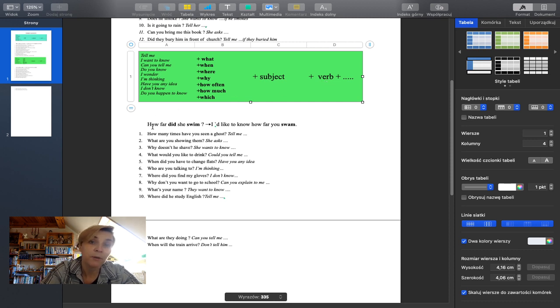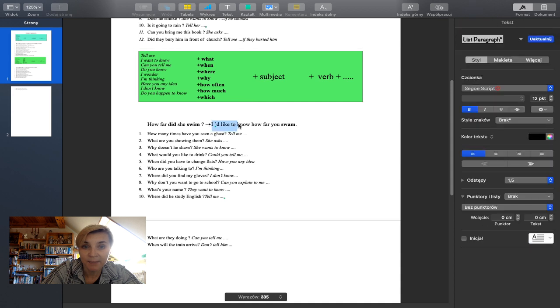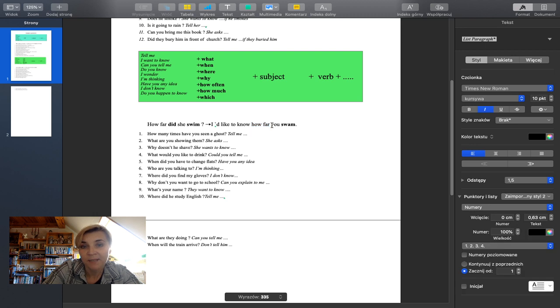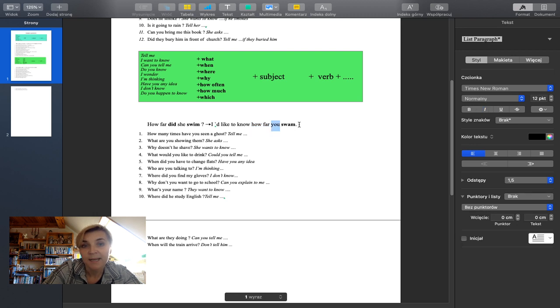So, let's have a look at our example. How far did she swim? I'd like to know, it's our indirect beginning. Now we have the question word, how, or in fact here, how far, and the affirmative sentence, subject and the verb in past simple, as the question itself was in past simple.